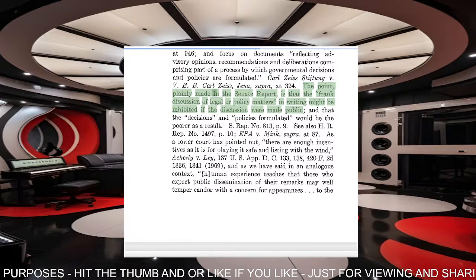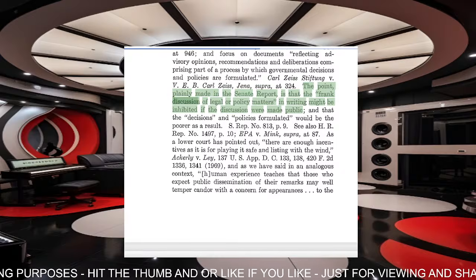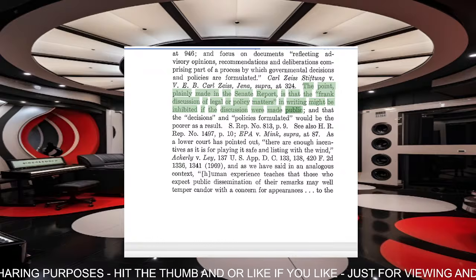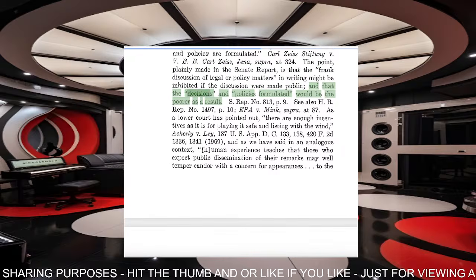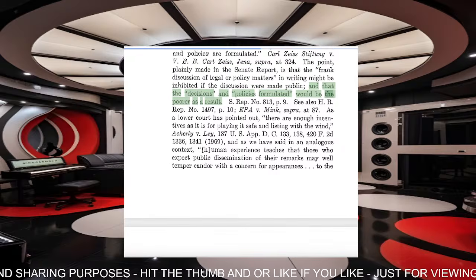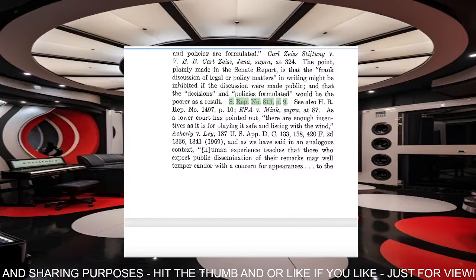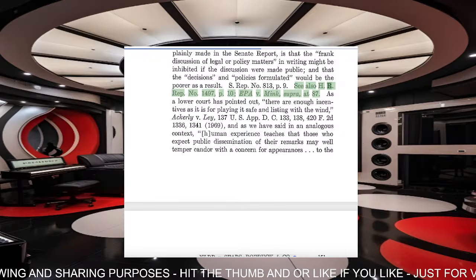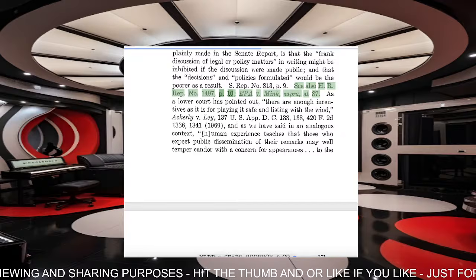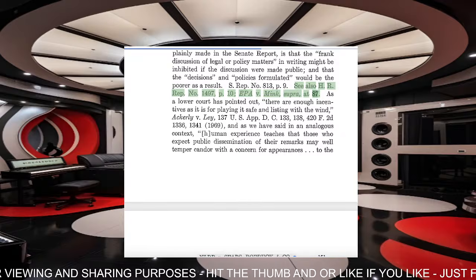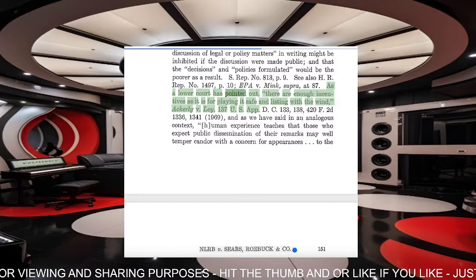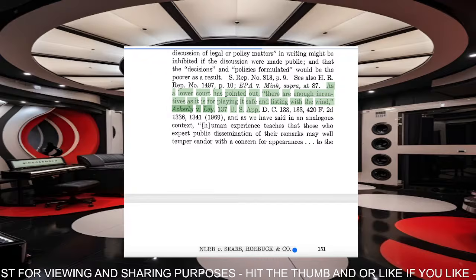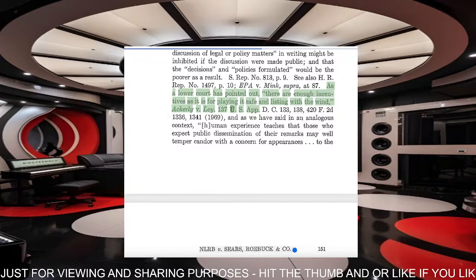The point, plainly made in the Senate report, is that the frank discussion of legal or policy matters in writing might be inhibited if the discussion were made public, and that the decisions and policies formulated would be the poorer as a result. S. Rep. No. 813, page 9. See also H.R. Rep. No. 1497, page 10, EPA v. Mink, supra at 87. As a lower court has pointed out, there are enough incentives as it is for playing it safe and listing with the wind, Ackerly v. Ley, 137 U.S. App.